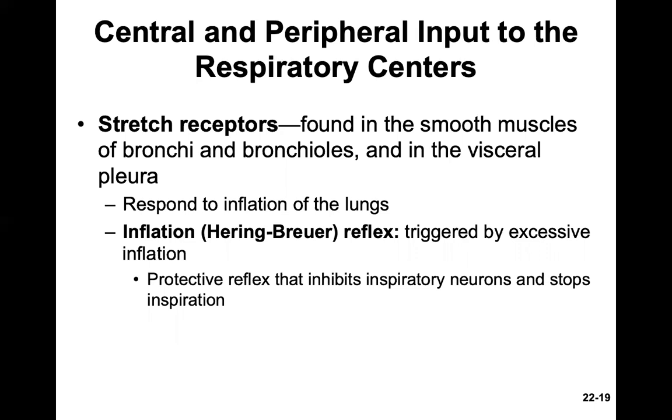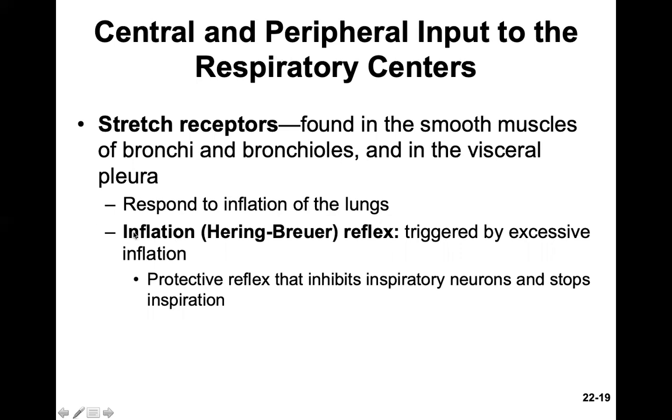So when your lungs inflate, your lung tissue expands, and your bronchioles, your bronchi, the visceral pleura around your lungs will notice that stretch because of the expansion. And so your stretch receptors will receive that stimulus because they are looking for whether or not these areas are expanding and stretching.